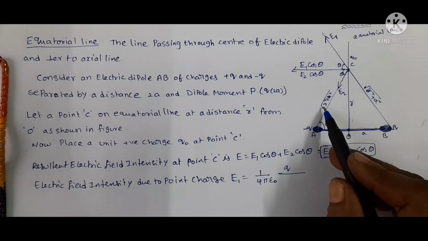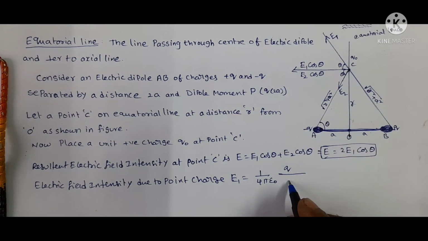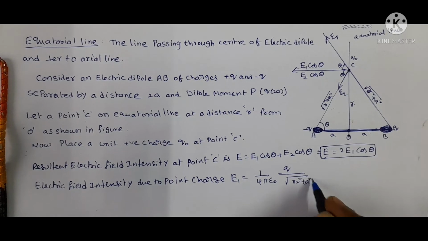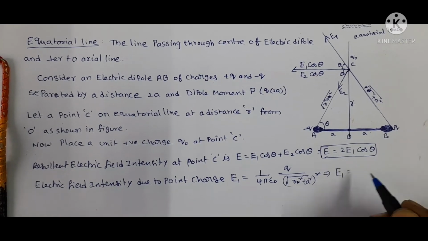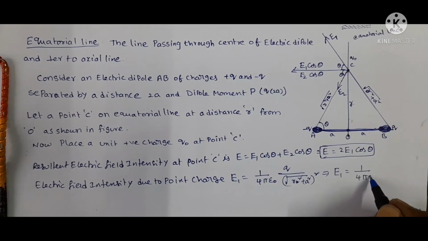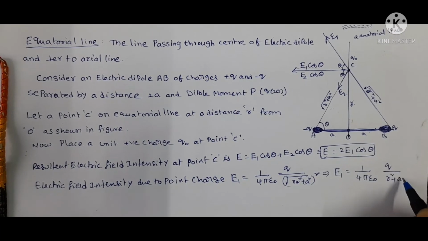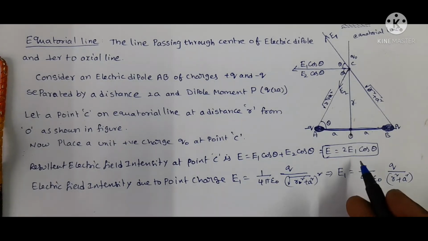Here R square means under root of R square plus A square, whole square. The square root gets cancelled. Finally you can write E1 is equal to 1 by 4 pi epsilon naught Q by R square plus A square. This is the formula for the electric field intensity. Capital E1 or E2, both are equal.